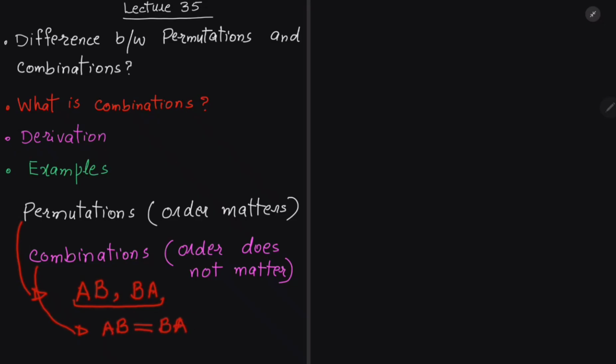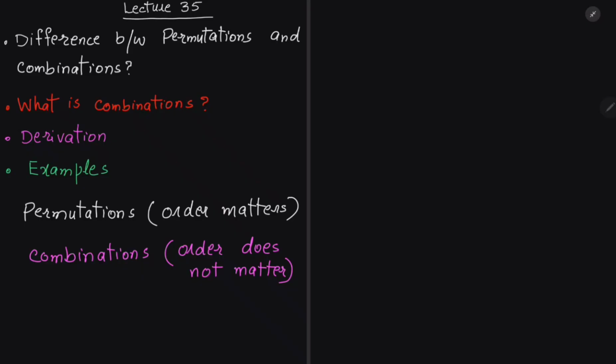Physically, if two persons are standing in a queue, then this 1 and 2, from the combination's point of view, they are equal. Either 2 will come first or 1 will stand in second position. Let me go to an example on this concept so we understand combinations.